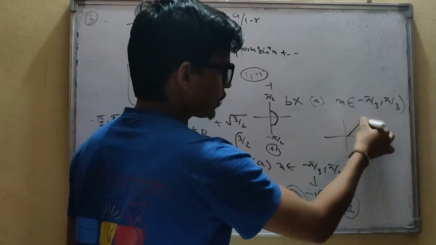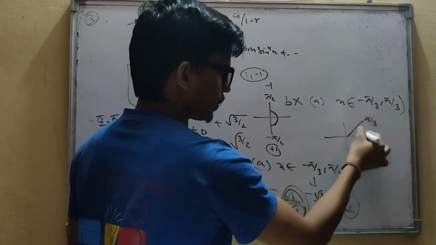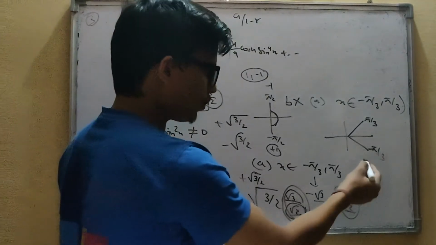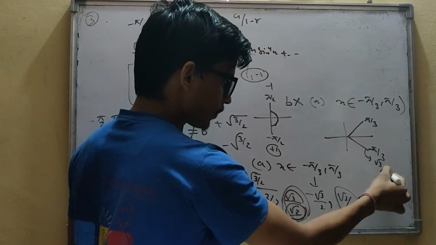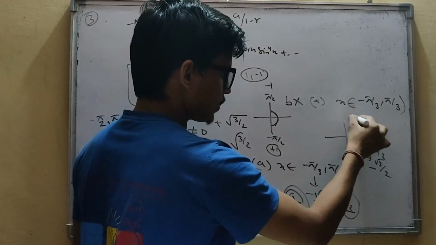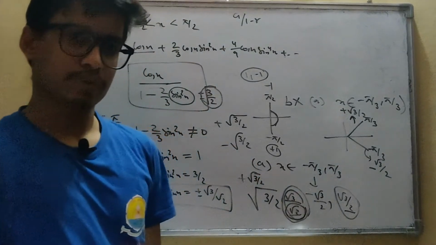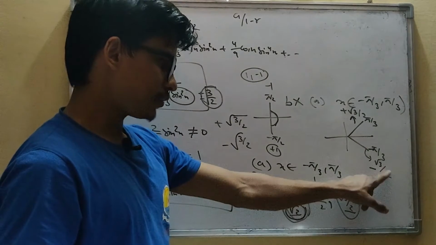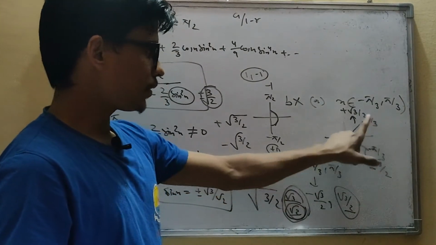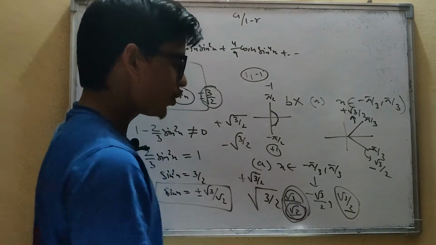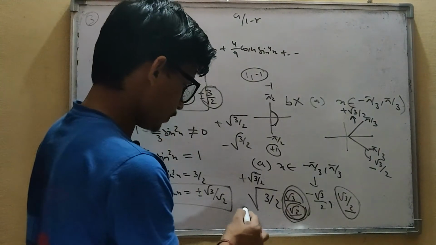So let's say this is pi by 3 and this is minus pi by 3. The value at this point is minus root 3 by 2, and at this point it is plus root 3 by 2, but we want the value of root 3 by root 2 in the plus case.